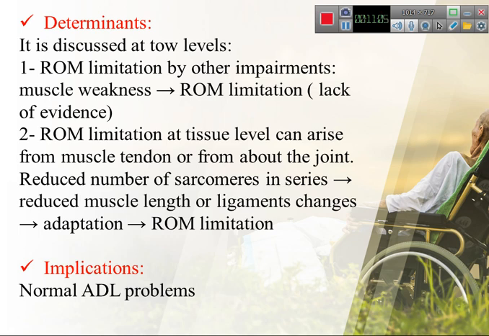When we talk about ROM limitation at the tissue level, we can say that it originates from the muscle tendon or from the joint.